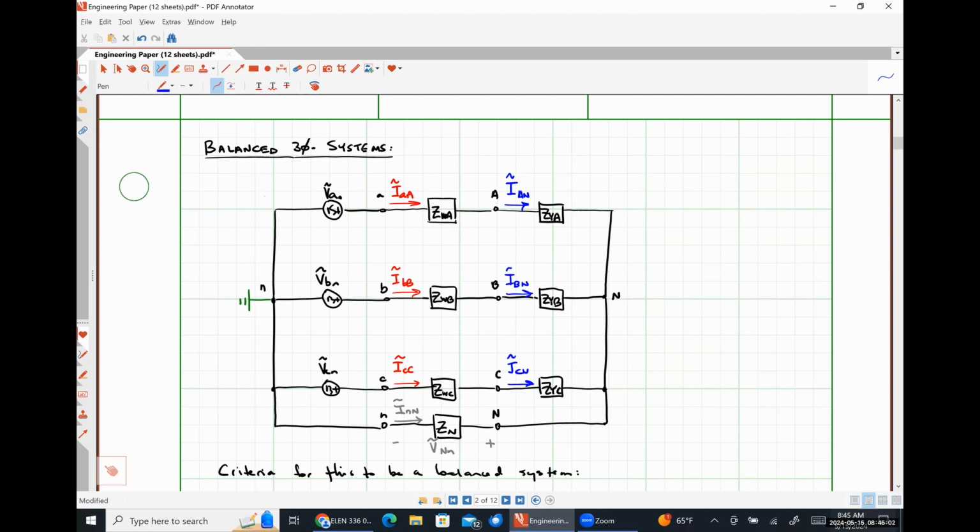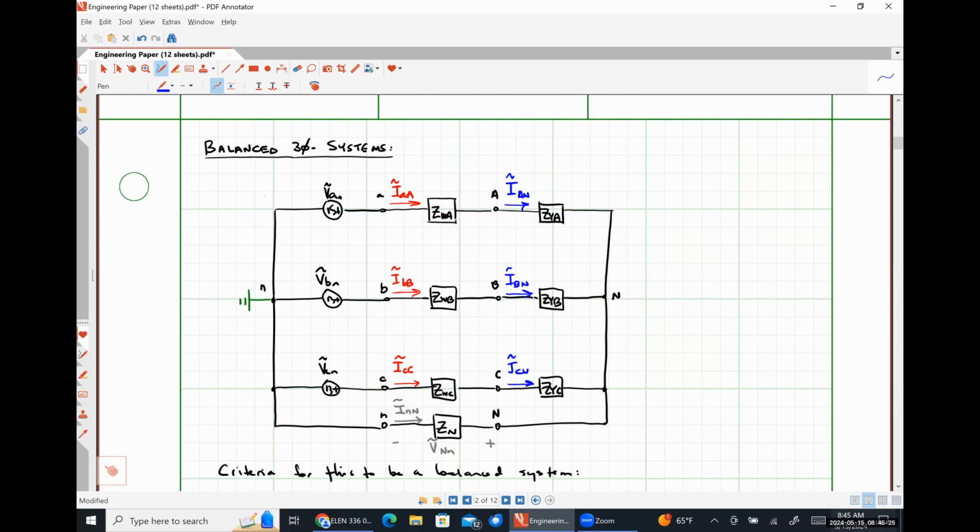What is the relationship of those phase currents to the line currents that we just determined? They're literally the same thing. So it stands to reason that our line currents, at least through our load, will all have identical magnitudes and will have exactly 120 degrees of phase separation because our line currents did.